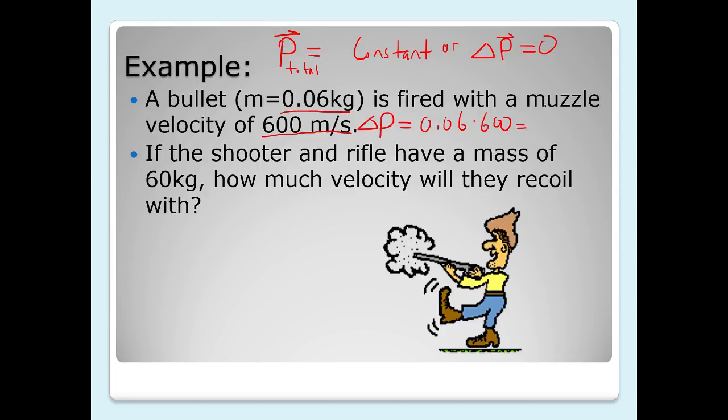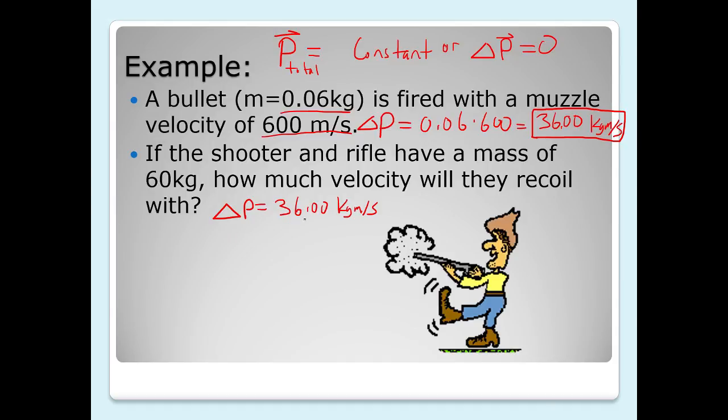So this is going to be, let's see, 36. This is the momentum, in kilogram meters per second, of the bullet. The bullet gains this much momentum, which means the shooter and the rifle must have the same momentum, but they will be going in opposite directions. So the shooter and the rifle will have a similar change in momentum of 36 kilogram meters per second, but in the opposite direction of the bullet.